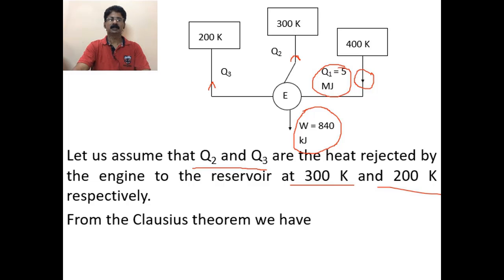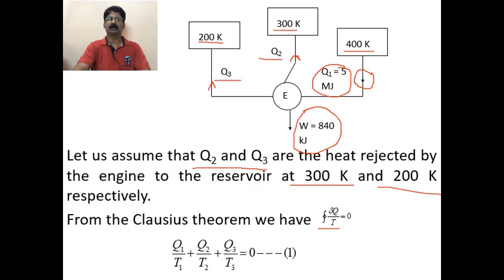From the Clausius theorem, we know that the cyclic integral of del Q by T is equal to 0. So for a cycle, the ratio of heat transfer to the absolute temperature summed over the cycle is always equal to 0. That means you can write, there are 3 heat interactions, Q1 taking place at T1, Q2 taking place at T2, Q3 taking place at T3.